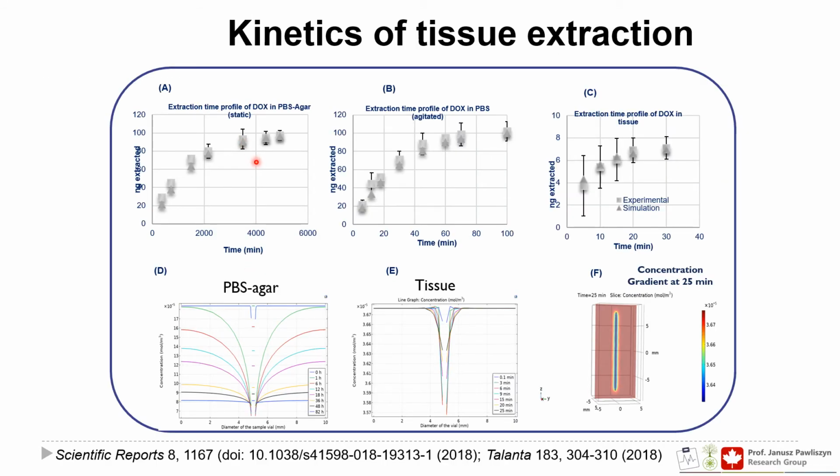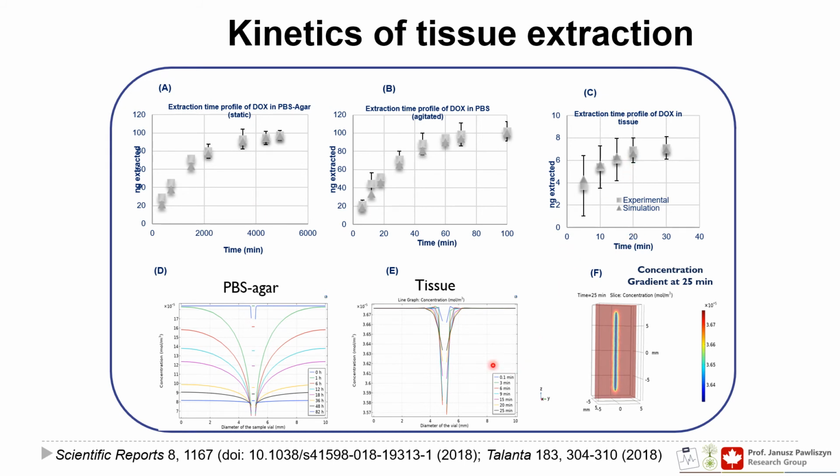Now, the same applies when you do tissue analysis, and in fact, you see some very interesting phenomena here. When you do static extraction from protein-free tissue, like a PBS gel, you have very long equilibration time, and the extraction profiles extend for large distances. When you apply it to tissue here, you see extraction time is only 20 minutes, compared to something like a day of extraction equilibration time.